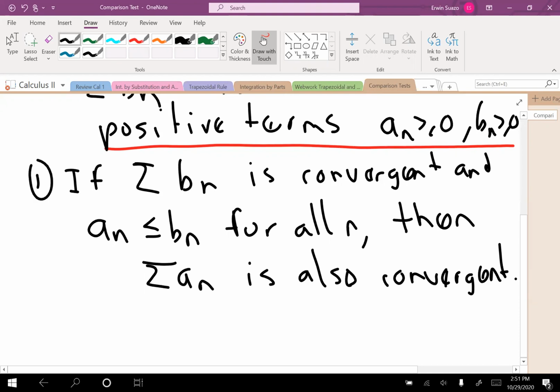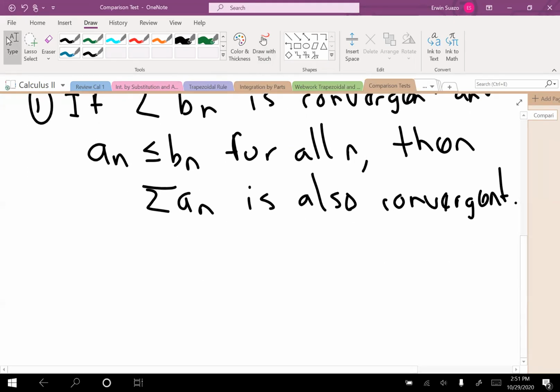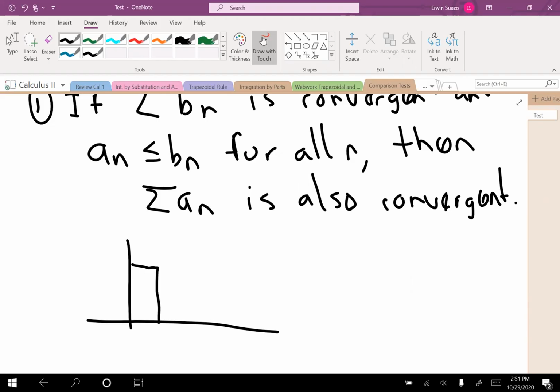And this makes sense. Remember, last time we gave a really good idea of how to graph a series. So why does this make sense? You can imagine your series like this. This is B1.